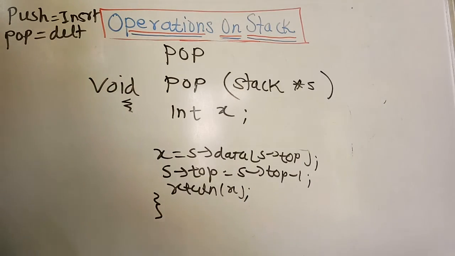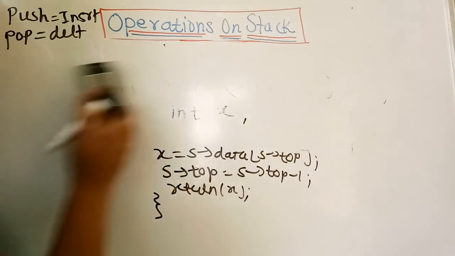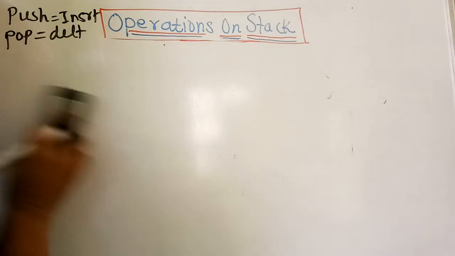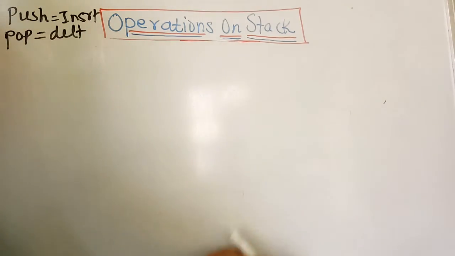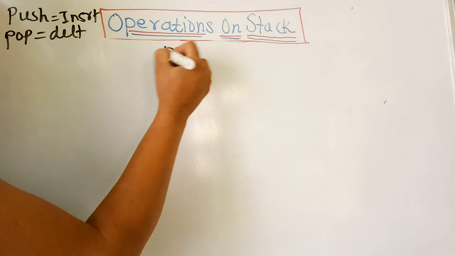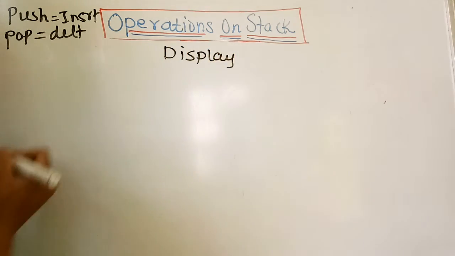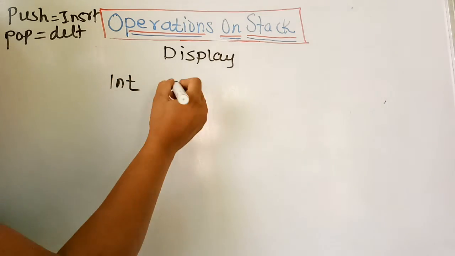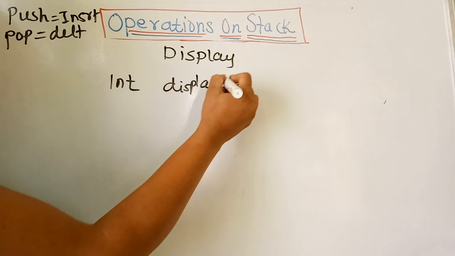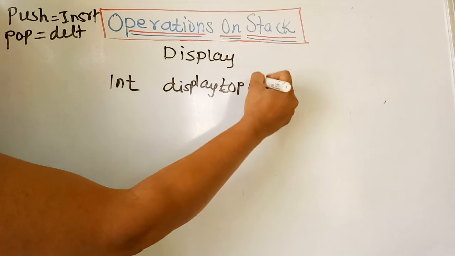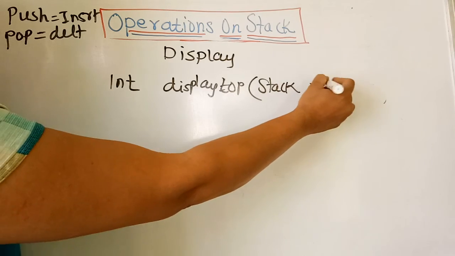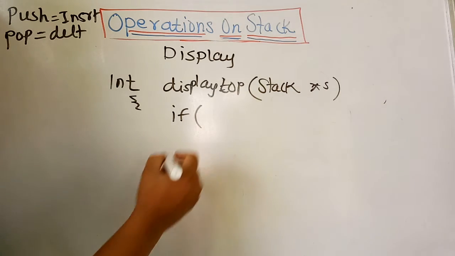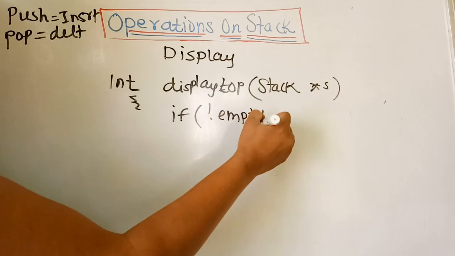Now again one last function or operation remains regarding the stack, and that is how to display the elements of the stack. Okay, what is the display? For that, we will simply take the integer type display top function, then pass here the stack type variable star s, and here we are checking if not empty stack.